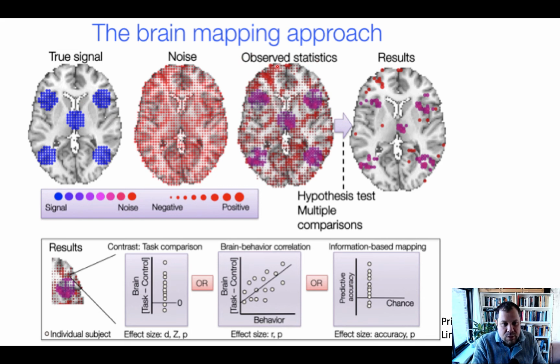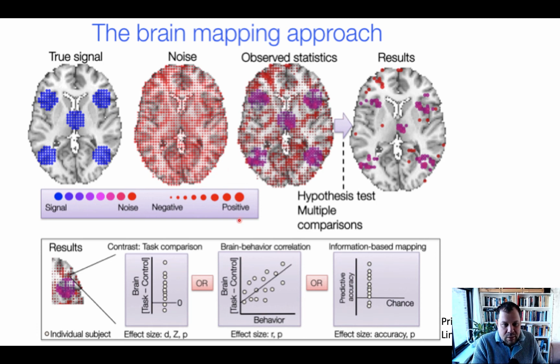But we can use statistics to try and identify the true signal despite the noise, basically. So we'll perform some hypothesis tests on this to get these observed statistics on a group level brain. Then correcting for multiple comparisons should allow us to identify the true signal that is left over, and hopefully not the noise that's part of this.